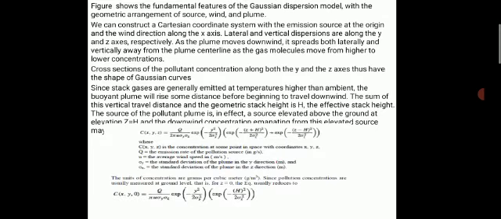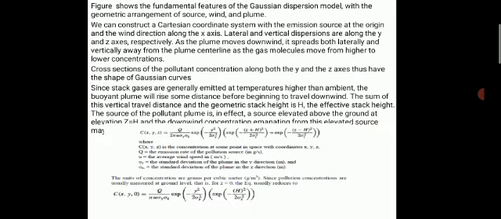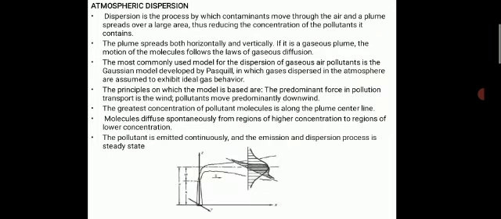The figure shows the fundamental features of the Gaussian dispersion model with the geometric arrangement of source, wind and plume. This is the figure which is called the Gaussian dispersion model. It represents source, wind and plume.